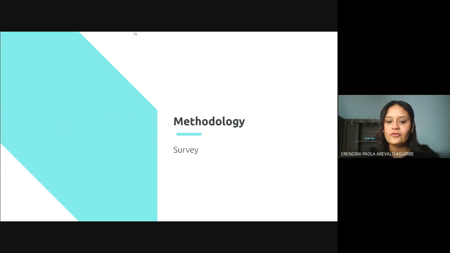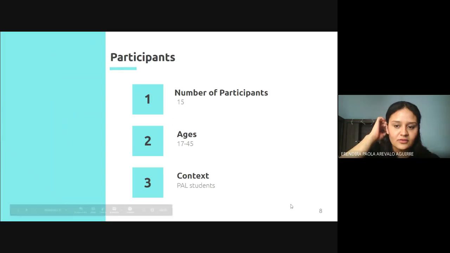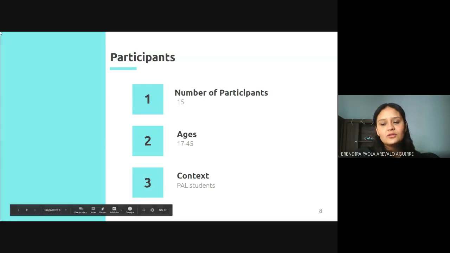Okay, so our research is a qualitative descriptive research. To get our results, we conducted a survey which was designed on November 16th through Google Forms, and it was sent through WhatsApp on November 18th. It includes 4 questions on a scale of 1 through 4, going from positive to negative, 4 multiple choice questions, including 4 choices each, and 2 open questions at the end.